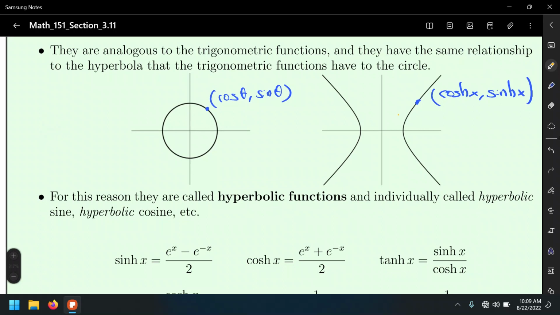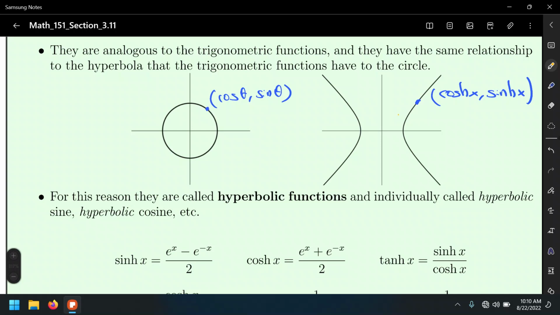Of course, there's a notation in this case. Typically, for the trigonometric functions, we use Greek letters like theta, omega, alpha, beta, gamma, because those are the letters we use to denote angles, whether in radians or in degrees. But because hyperbolic functions are not related to angles, we still keep the x notation, or the y or the z, depending on the variable we're using.